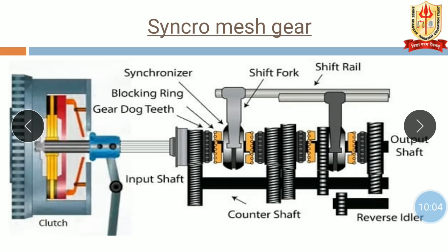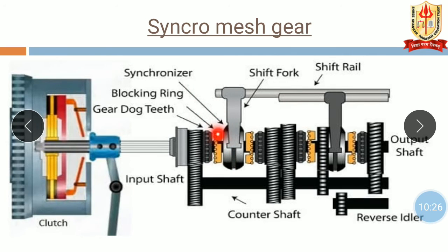So at that point the cracking of gear, or you can say wear and tear of the gear, is more in the case of the constant mesh gearbox. But in the case of the synchronous gearbox, that problem is sorted out with the help of this synchronizer.